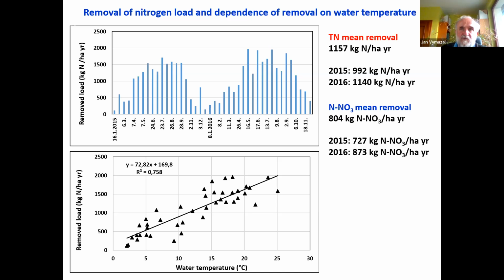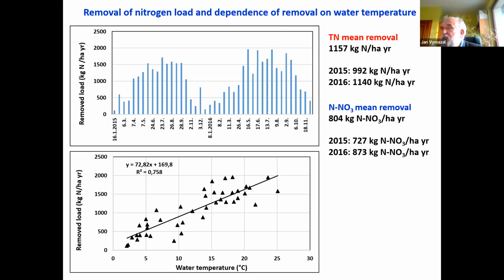So it was about 4 degrees. And so even during the very cold periods, the temperature was not so low. So we can see that even in December or January, February, we did achieve some removal of nitrogen. So that was quite encouraging.